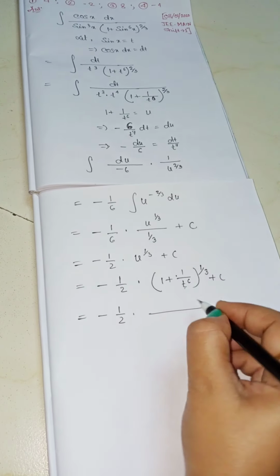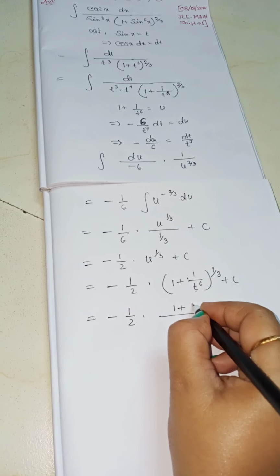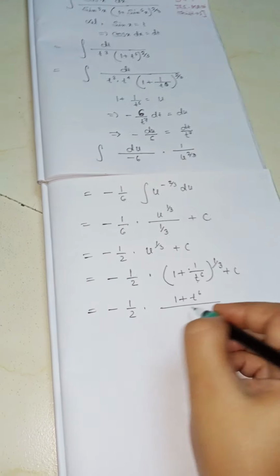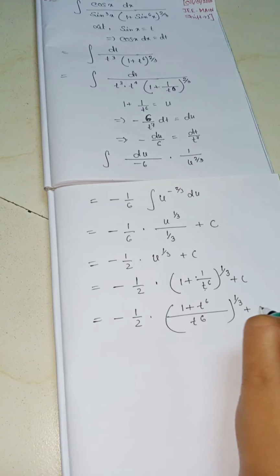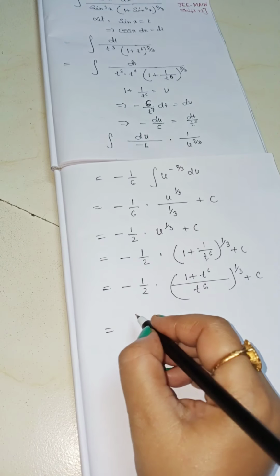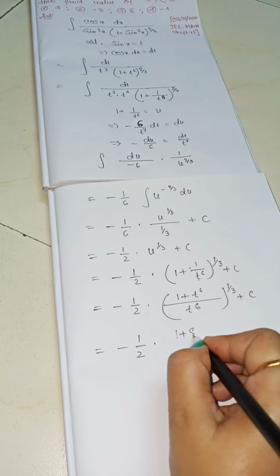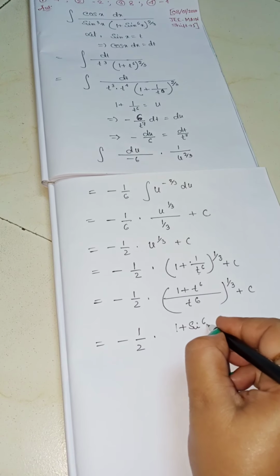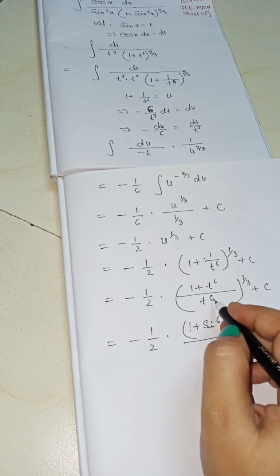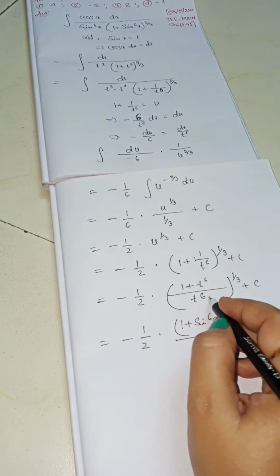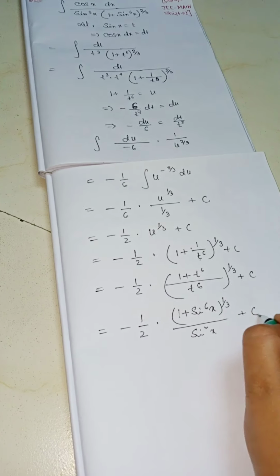I write it once again, simplifying this: with t equal to sin x, this is minus 1 by 2 into (1 plus sin to the power 6x) whole to the power 1 by 3, and t to the power 6 into 1 by 3 means t square, which means sin square x, plus c.